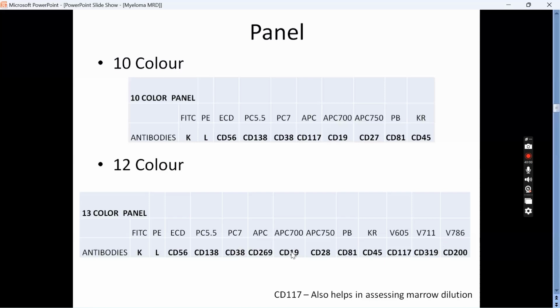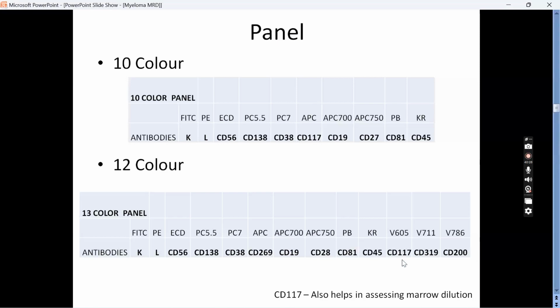Like this, CD19 will be positive in normal plasma cells, whereas negative in myeloma cells. CD28 will be positive in myeloma cells, negative in normal plasma cells. CD81 will be downregulated in myeloma cells, whereas expressed in normal plasma cells. CD45 will be moderate in normal plasma cells, whereas it will be downregulated in myeloma cells. CD117 will be positive in myeloma cells and not expressed in normal plasma cells.